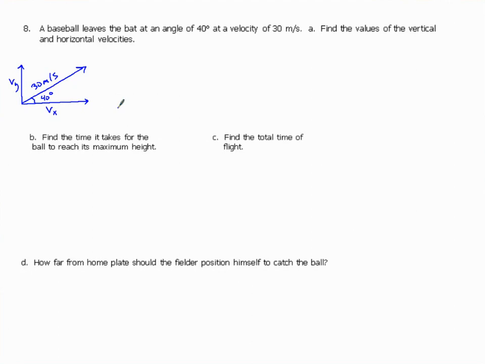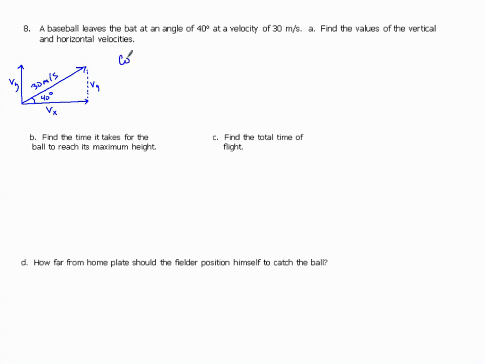So when we want to know the velocity of x, we're looking at a triangle basically here. This would be Vy. Looking for Vx, we have an adjacent side and a hypotenuse.